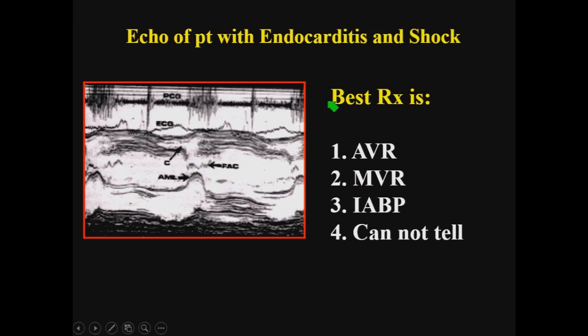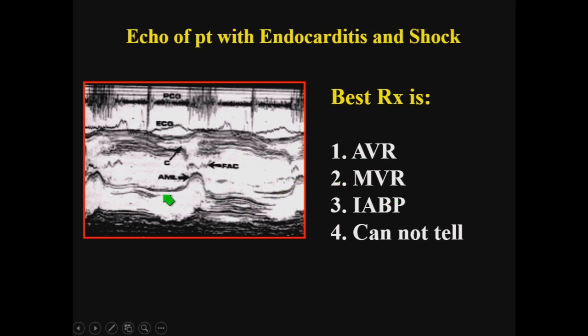The best treatment, of course, is not aortic valve replacement. This is contraindication in severe acute aortic insufficiency, right? And it's not intra-aortic balloon pump. I'm sorry, I repeat that.